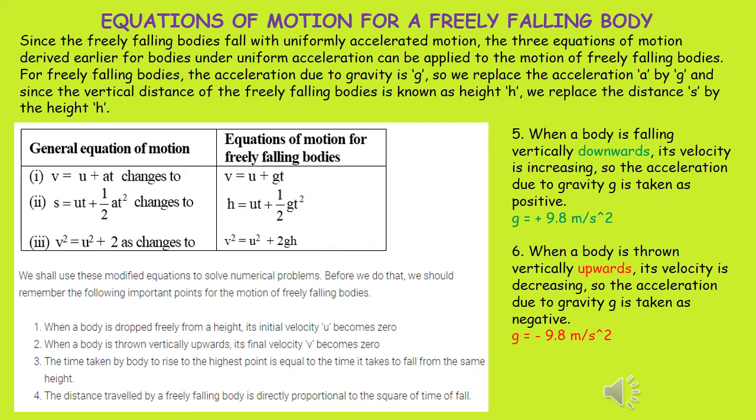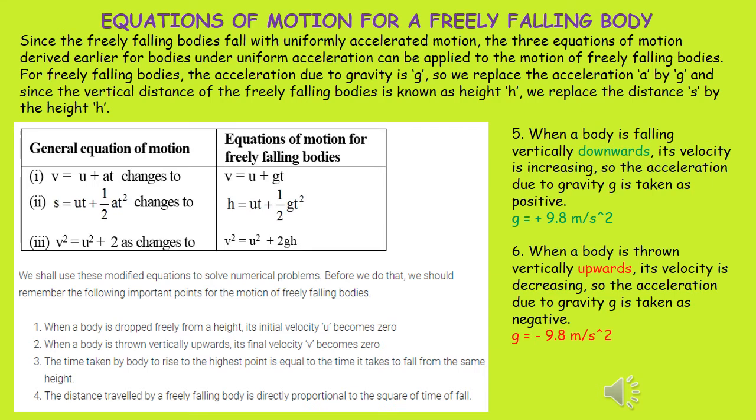On the other hand, when the body is thrown in the upward direction, the initial velocity is maximum at the throwing point, and it will reach up to the highest level till its velocity becomes 0. So the final velocity will be 0 when the body is moving up.